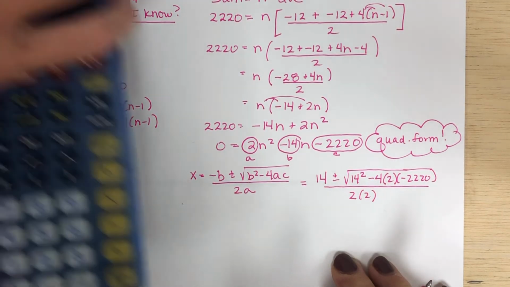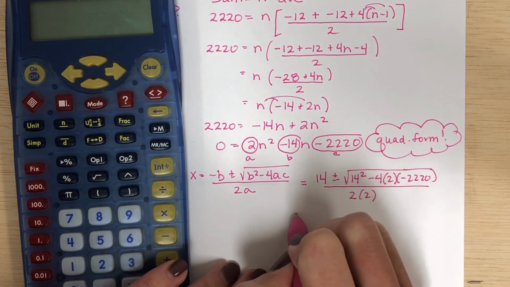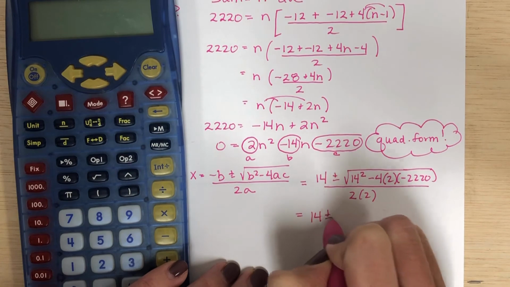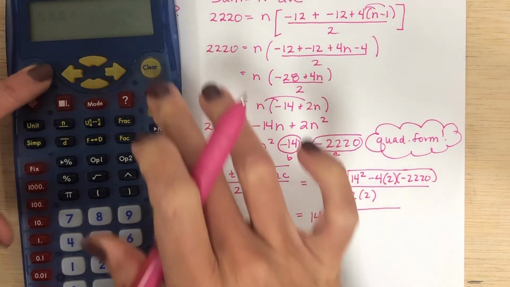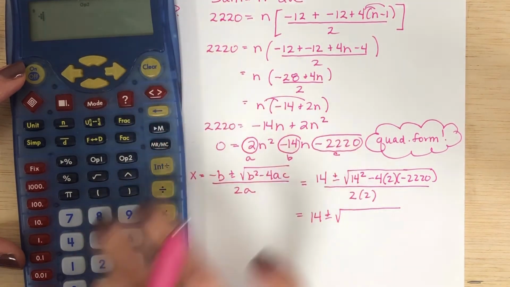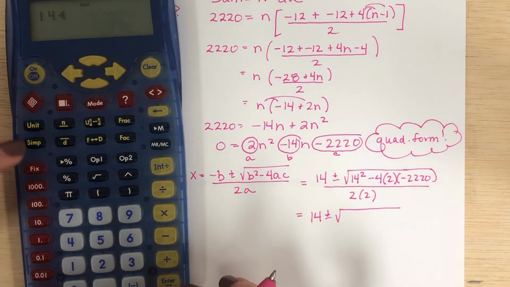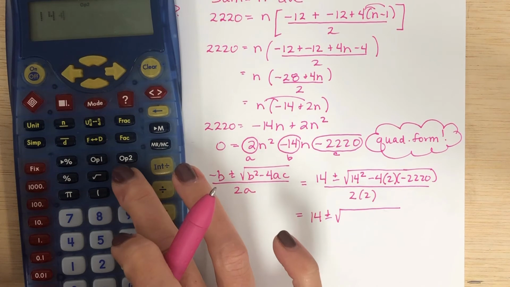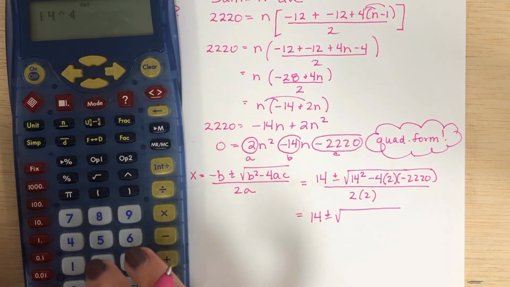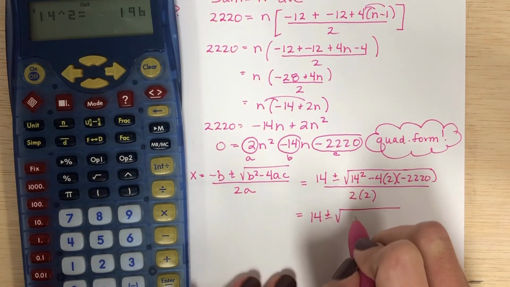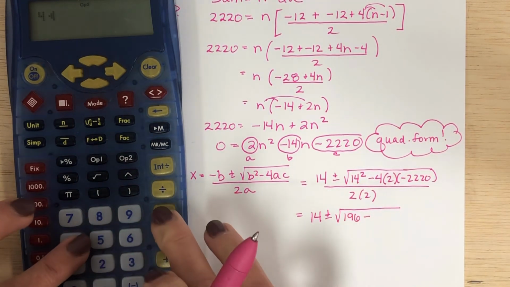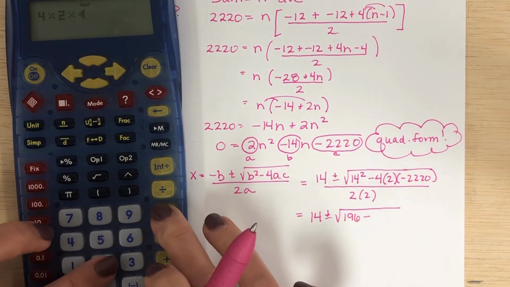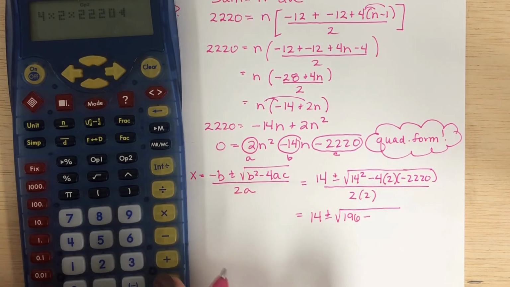Super fun. 14 plus or minus the square root of 14 squared, that's 196, minus 4 times 2 times 2,220.